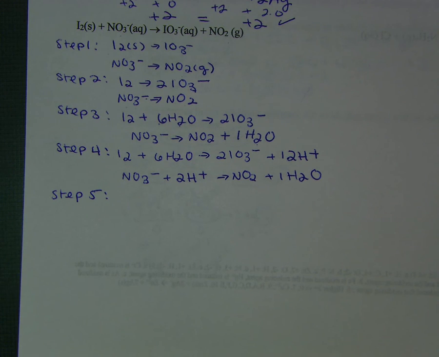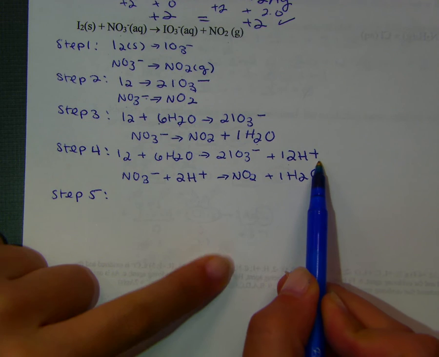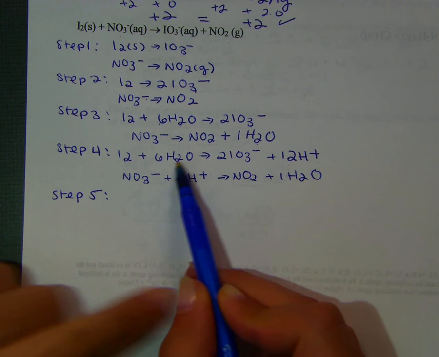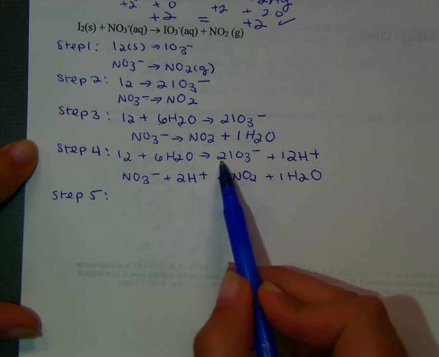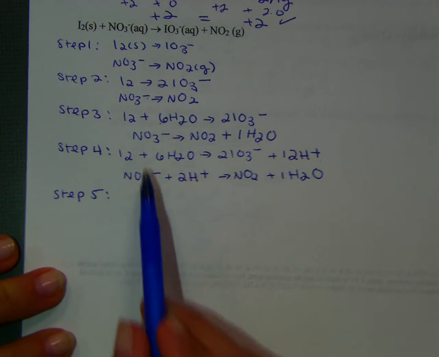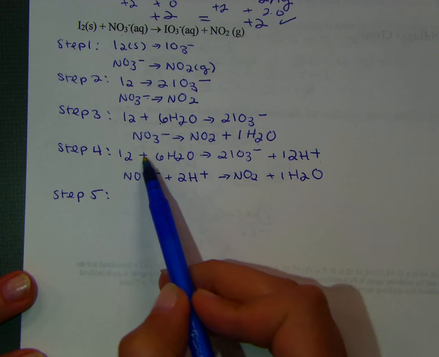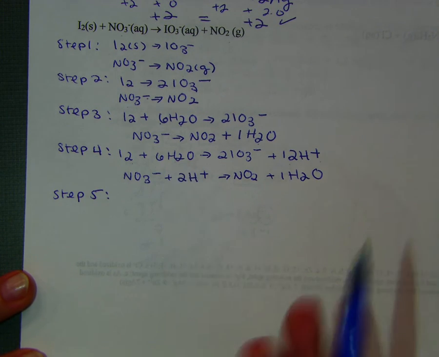The reason we always do it at step 5 is because I'm actually balancing the charge of the added hydrogens in there. So I just added in 12 whole hydrogens. So I have 12 1 plus on this side, and a 2 minus, and this side is completely neutral. I've got I2, that's 0, and H2O, that's 0.